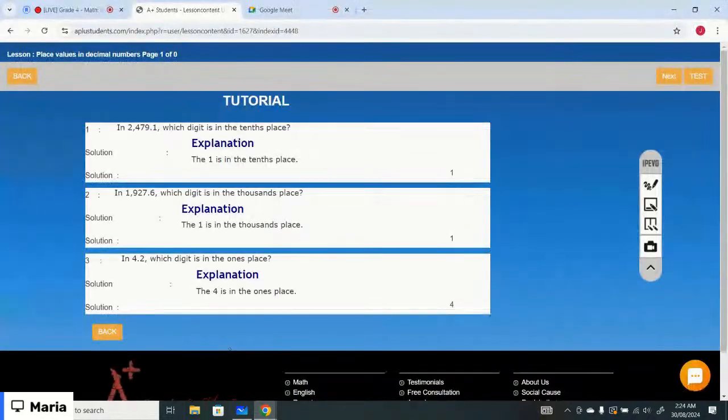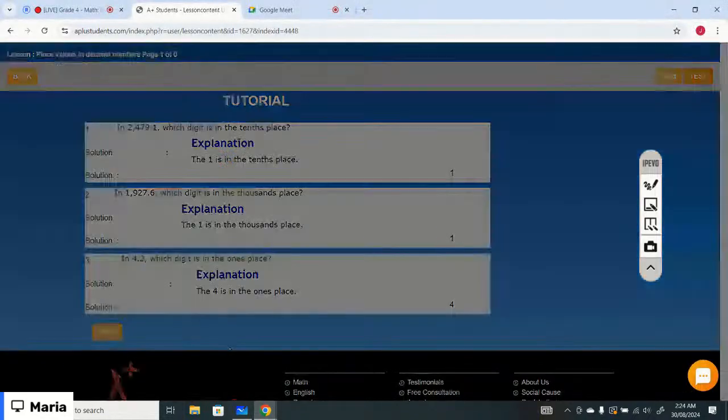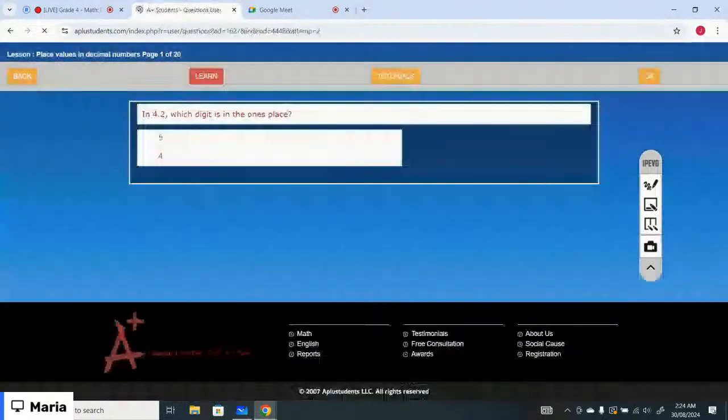You can have a look at the tutorial by yourself, that is already solved. In 4.2, which digit is the ones place? Which is the correct option?